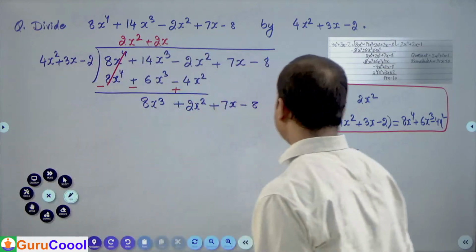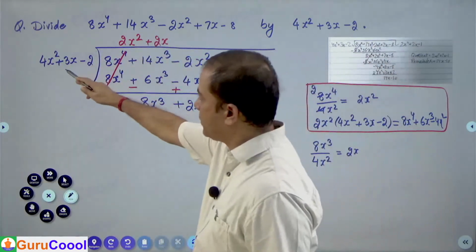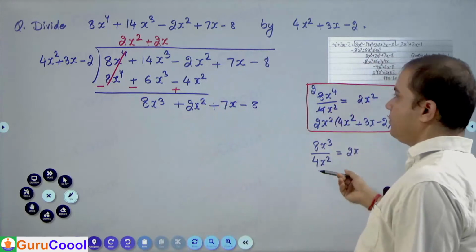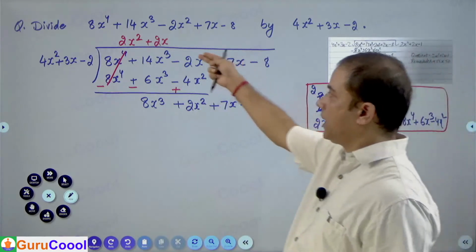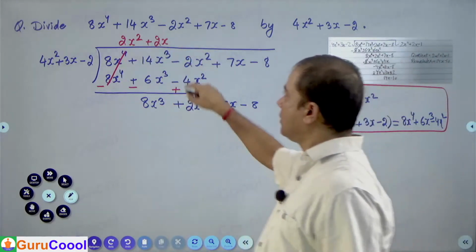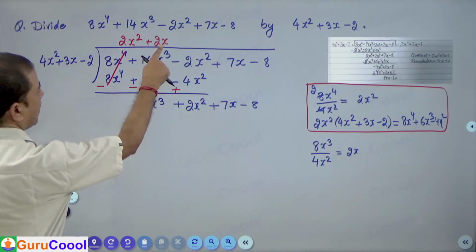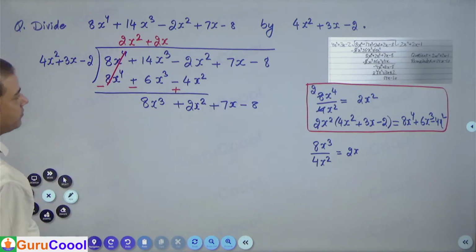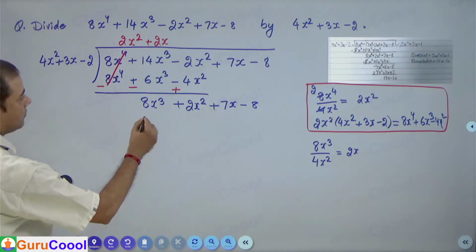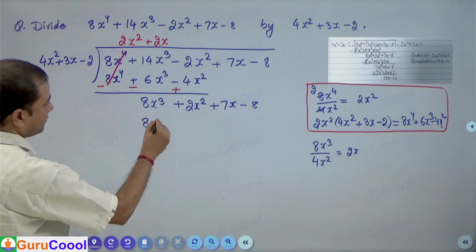And then 2x will be multiplied with the divisor. Actually, we can do it directly as well. Tell me what is 2x into 4x square? 2x into 4x square is 8x cube, right below this.